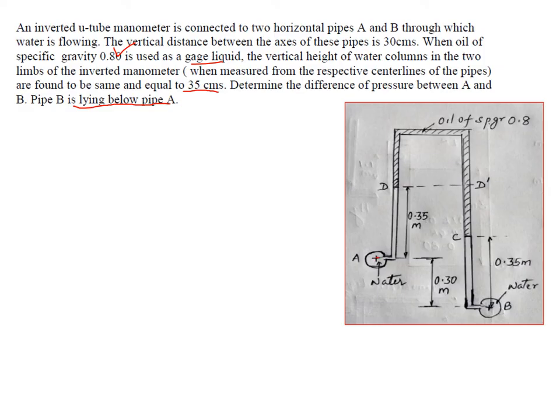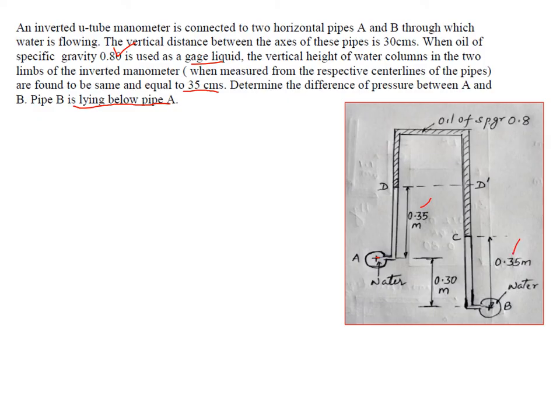The difference between these two pipes is 0.3 meters, and pipe B is lying below pipe A, and the vertical height of the water columns is 0.35 meters. Similarly here also it is the same, 0.35 meters.